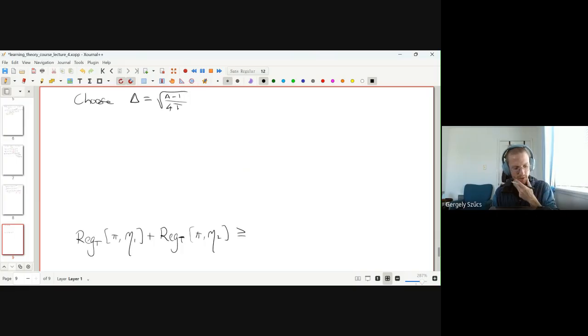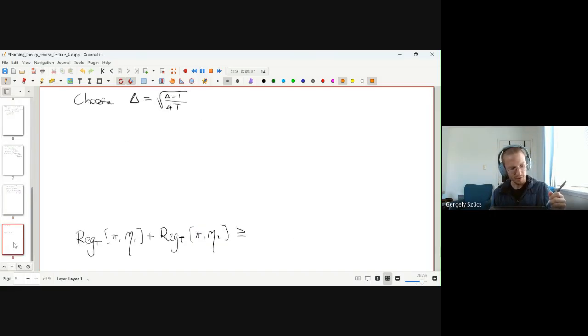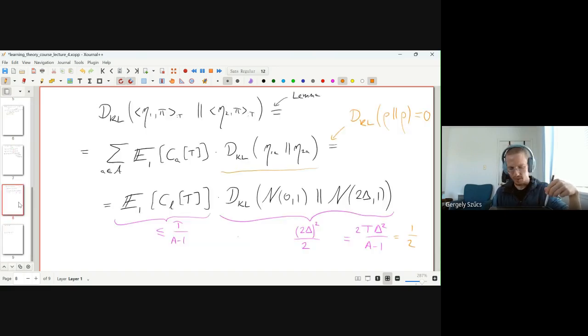With this choice, this is just equal to 1/2, because if we square this, the t and the A minus 1 cancel out, and we're just left with 1/2.